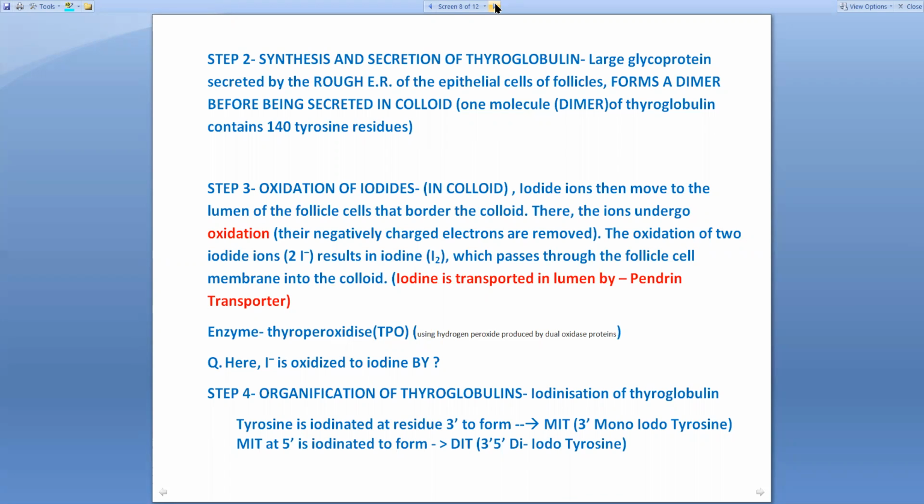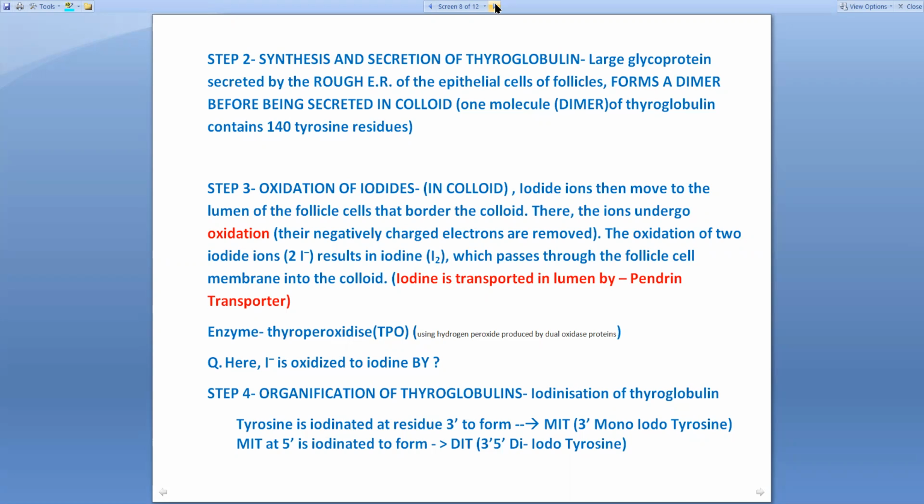Thyroglobulin is a large glycoprotein which is secreted by the rough endoplasmic reticulum of epithelial cells of the follicles.